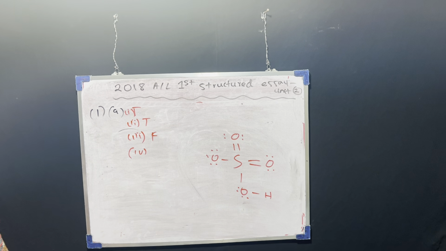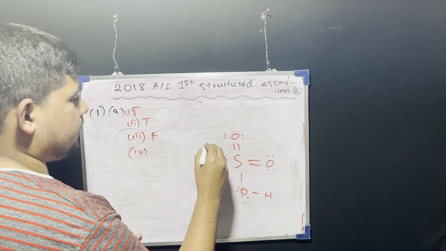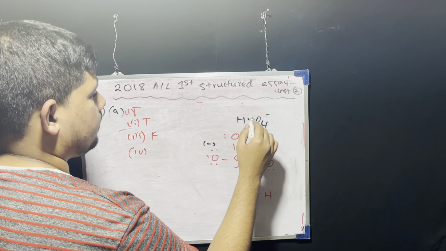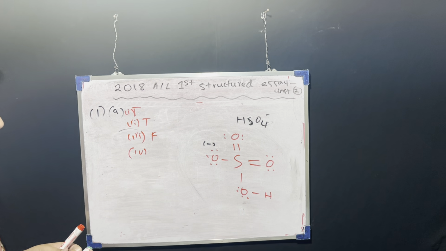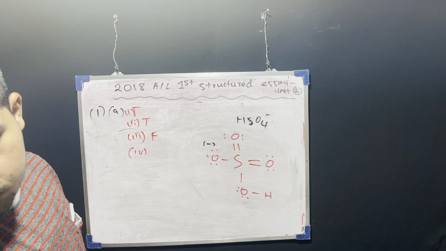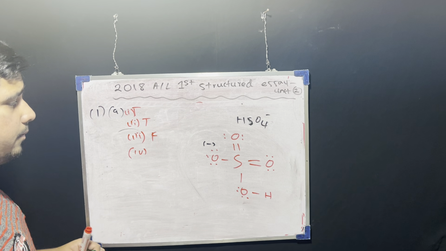Now what's the charge here? There is minus there. This is HSO4 minus. What they have said, the shape of the HSO4 minus ion is trigonal bipyramid.